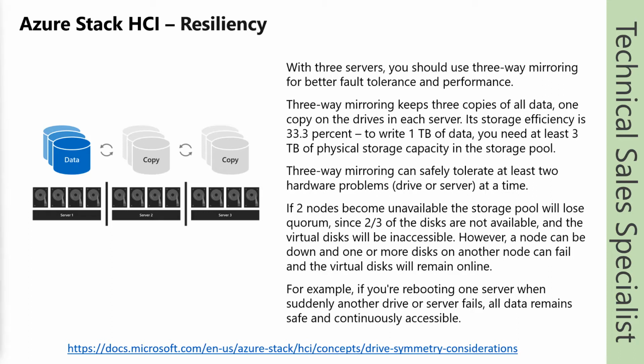This means we have the 3 data copies we have seen before when I explained the cache. This means we have 33% usable capacity. A 3-way mirror can safely tolerate at least 2 simultaneous independent failures at a time.